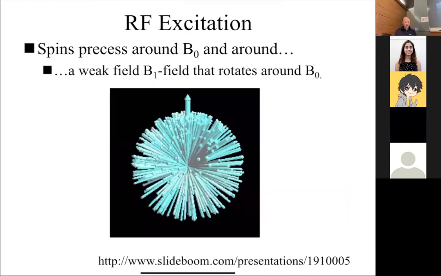Even though we think about a magnetic moment, we can't really get into all the quantum mechanics, but you still have to imagine that there are spins at all these orientations, which is represented by all these little arrows here. So all those spins are still precessing, but the net magnetization is not. So that's one way to look at it.